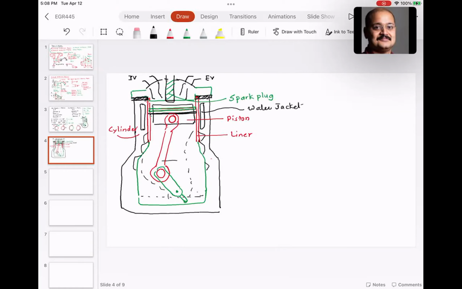This is the connecting rod, also called the con rod. This is the crank. This is the oil sump. This is the head. This is the gasket. This is called the crank pin. This is called the piston pin.